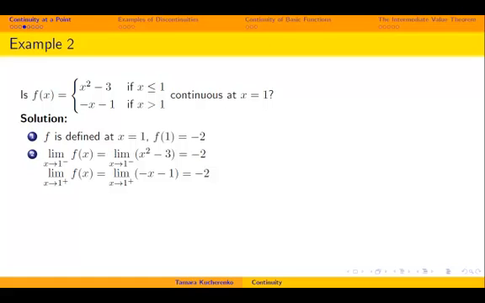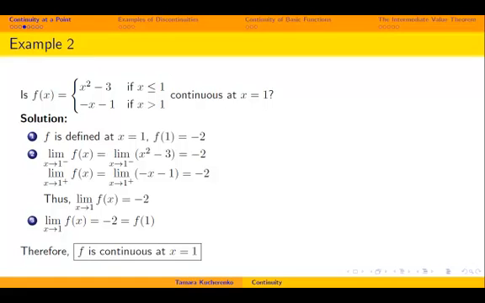Since both left and right limits exist and equal negative 2, the limit of f of x at 1 equals negative 2. So the limit of f at 1 exists and equals exactly the function value. Therefore, f is continuous at 1.